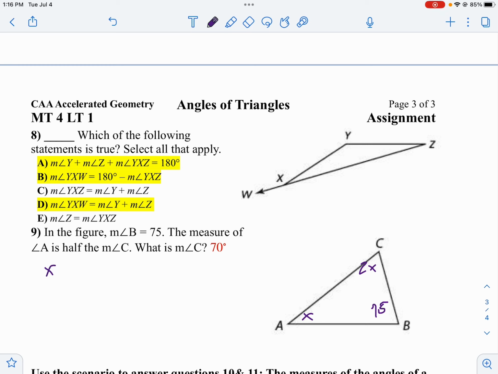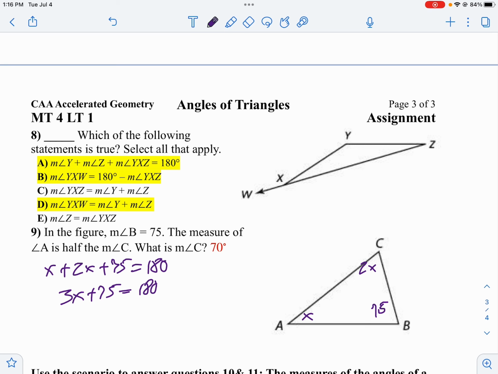I'll go x plus 2x plus 75 equals 180 degrees, or 3x plus 75 equals 180 degrees.